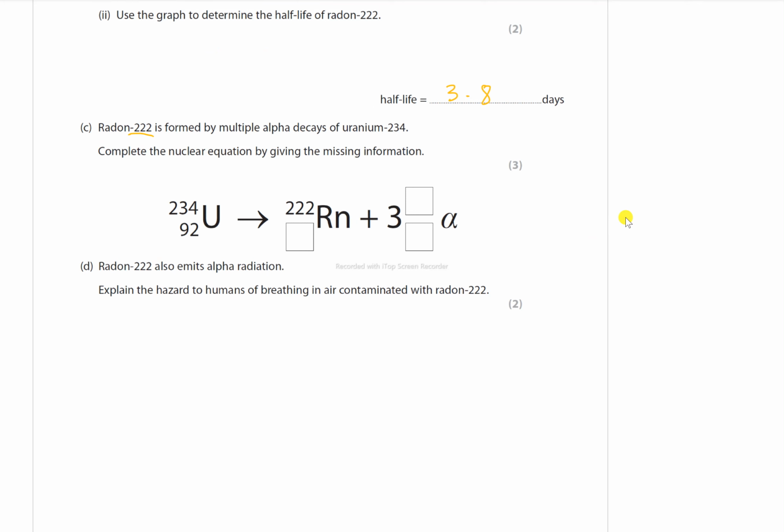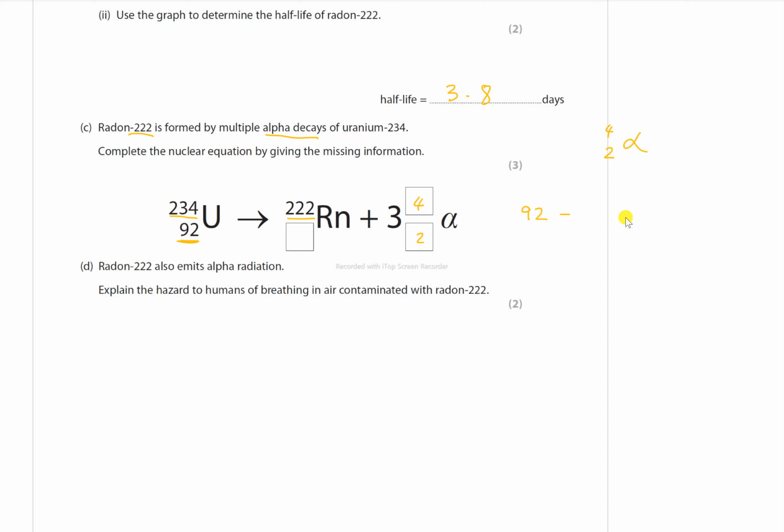Radon-222 is formed by alpha decay. What did we say alpha particle is? It's a helium nucleus, isn't it? So it's 4, 2. Complete the nuclear equation. So we've got 234, 222. So we've got to add 12 and 2, so that's 6, 92.